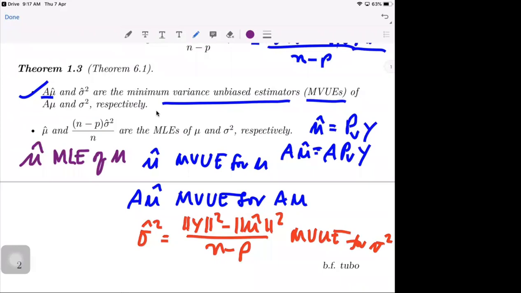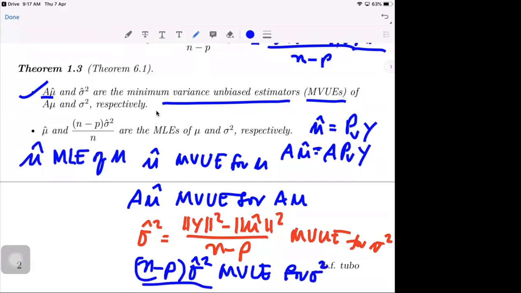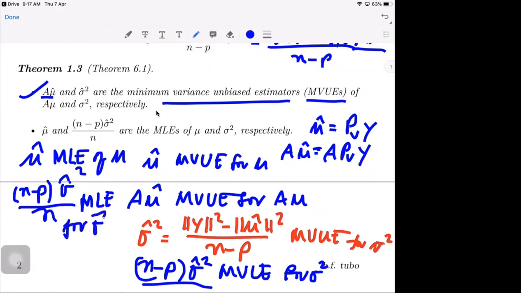But for the MVUE, sigma hat squared as defined is the MVUE for sigma squared. For the MLE, it will be N minus P times sigma hat squared, but over N, which will be the MLE for sigma squared.